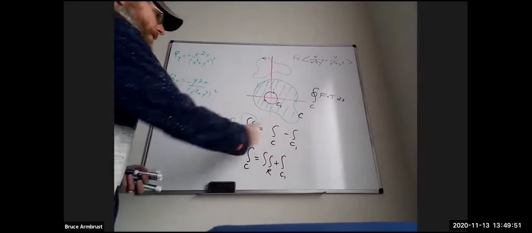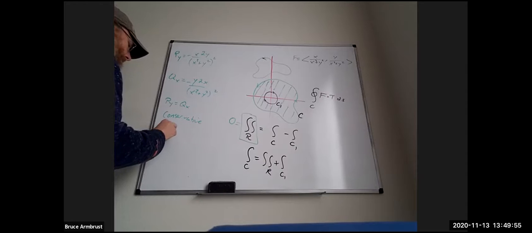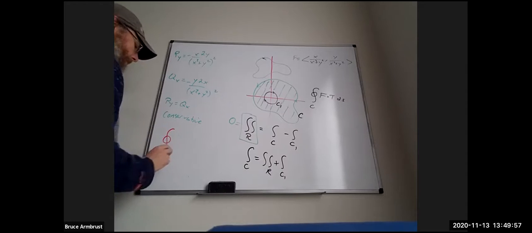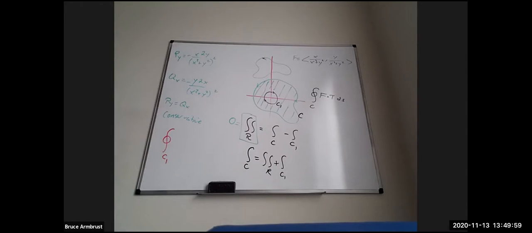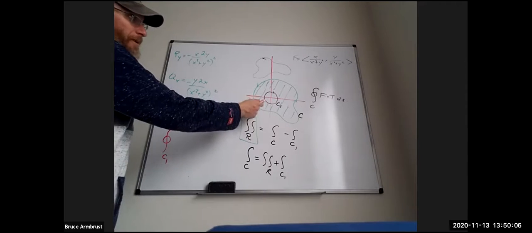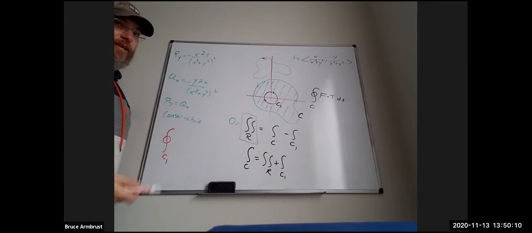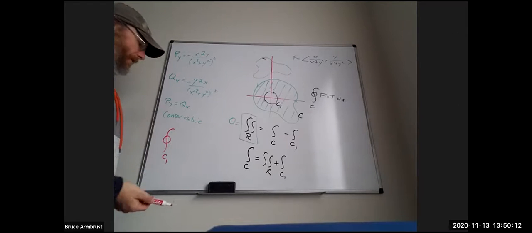All right, so let's see if we can find the integral for C1. Now, I need to have this going clockwise, and we're really not used to doing it clockwise. We're used to doing it counterclockwise.